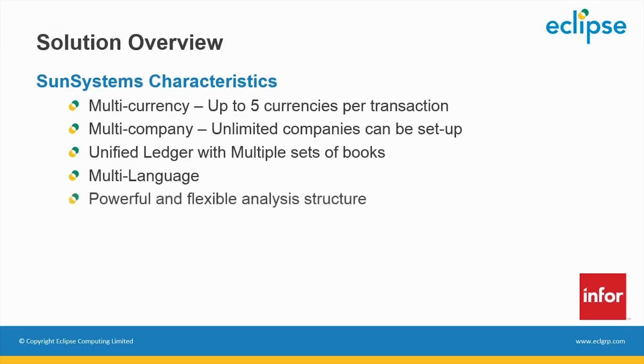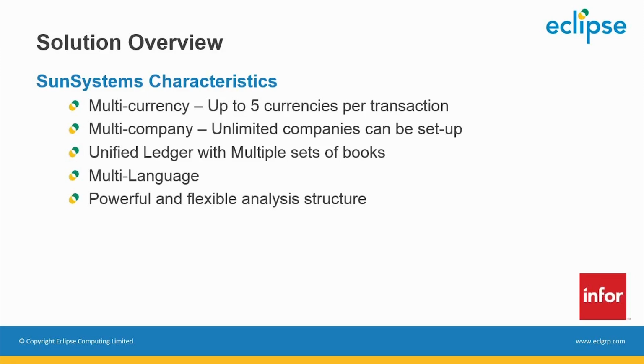And finally, the flexible analysis structure. So SunSystems is a unified ledger with a single chart of accounts, but it's a system that allows you to define lots of different what we call analysis dimensions in Sun to allow you to analyze the transactions and your chart of accounts, to really limit the administration of the chart of accounts itself, but give you a wealth of information that you can subsequently use to report on the information within your ledgers.